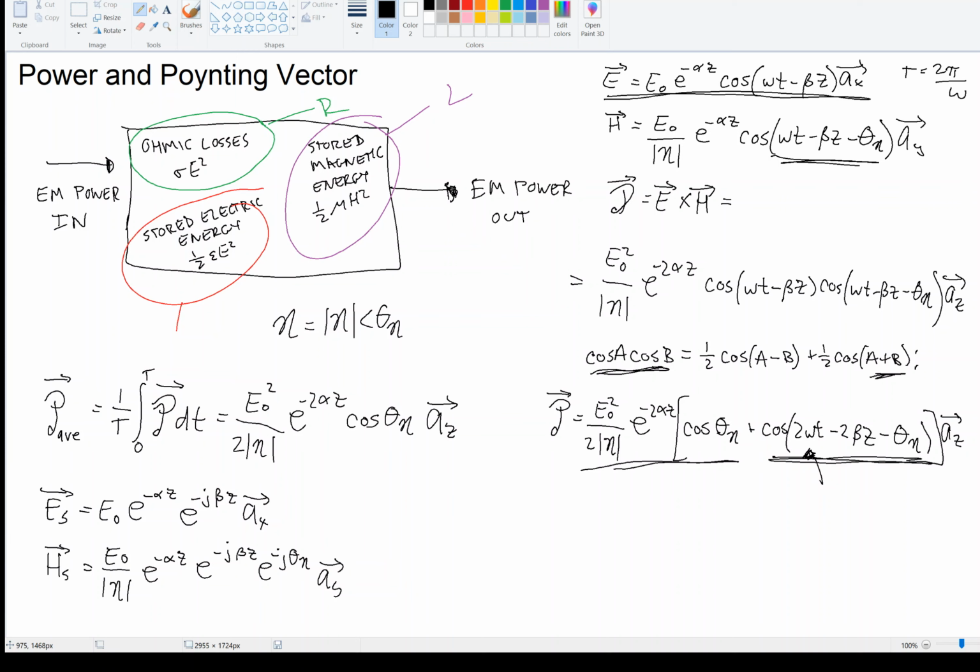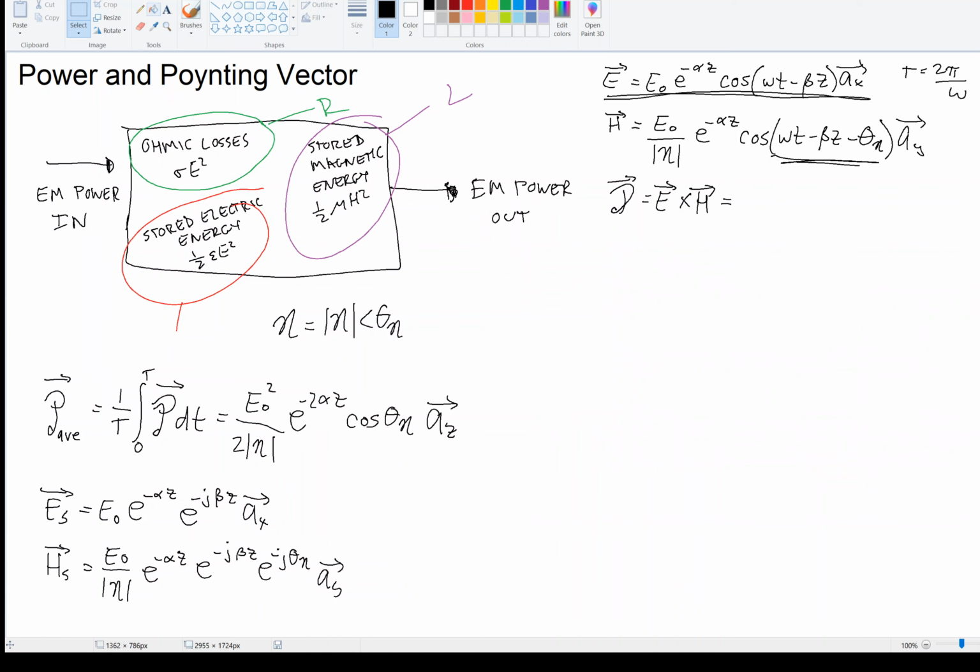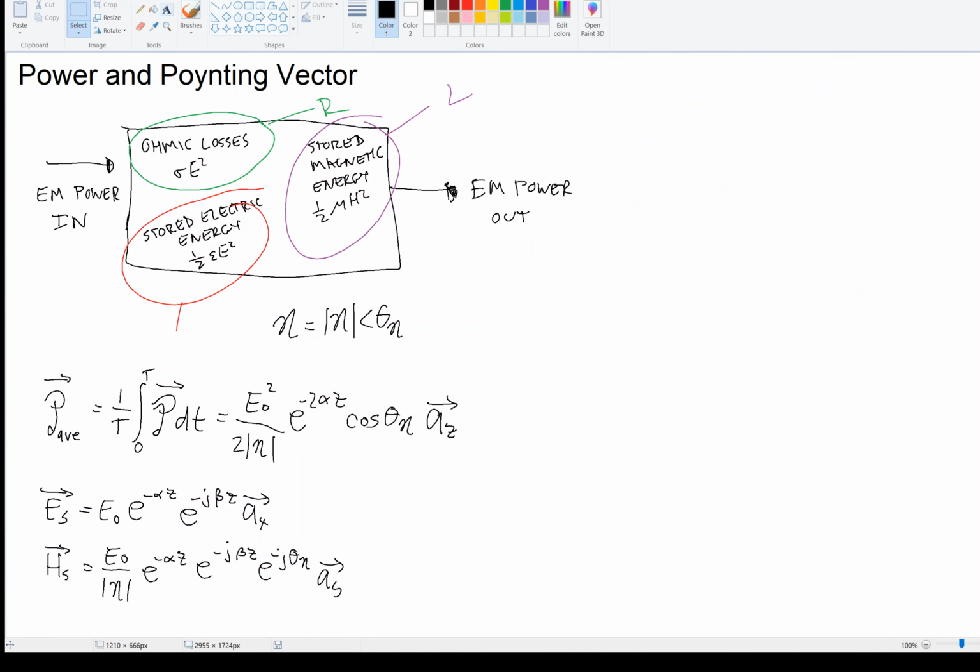Now we're going to use some slick math here. I'm going to erase some of this. I want you to notice that ES cross the complex conjugate of HS, which I'm denoting with this asterisk, gives me the following: E0 squared over 2 absolute value of eta, e to the negative 2 alpha z, e to the j theta eta, in the z direction.